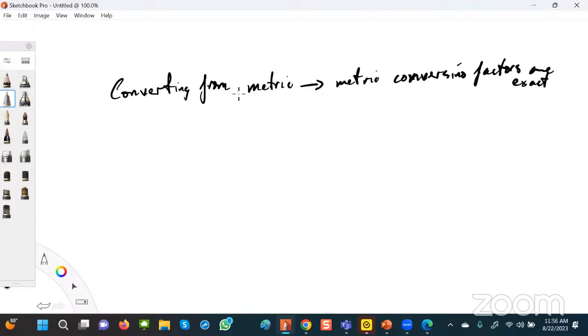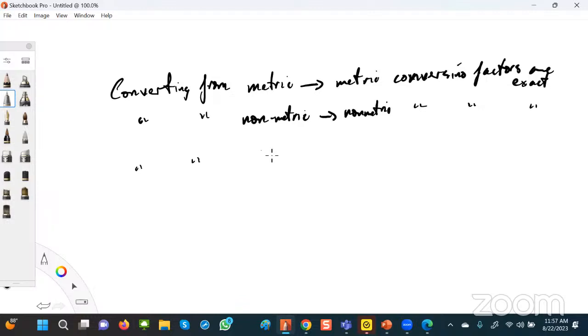So if you're going from, let's say, centimeters to meters or kilograms to grams, whatever the conversion factor you use to achieve those conversions, they are exact, right? If you're converting from non-metric to non-metric, again, the conversion factors will be exact, right? So if you're going from inches to feet, or if you're going from pounds to ounces, then those conversion factors are exact.